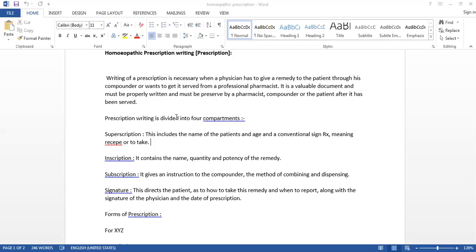This is about abbreviations, which will save your time and space, and give clear indication to the prescriber and to the pharmacist.